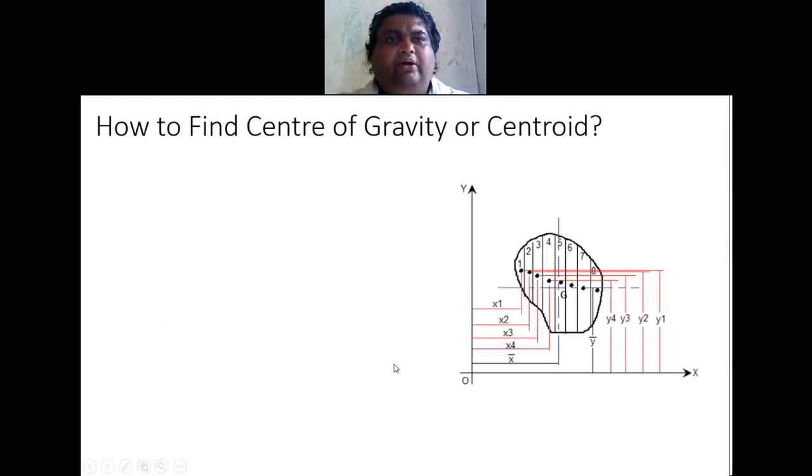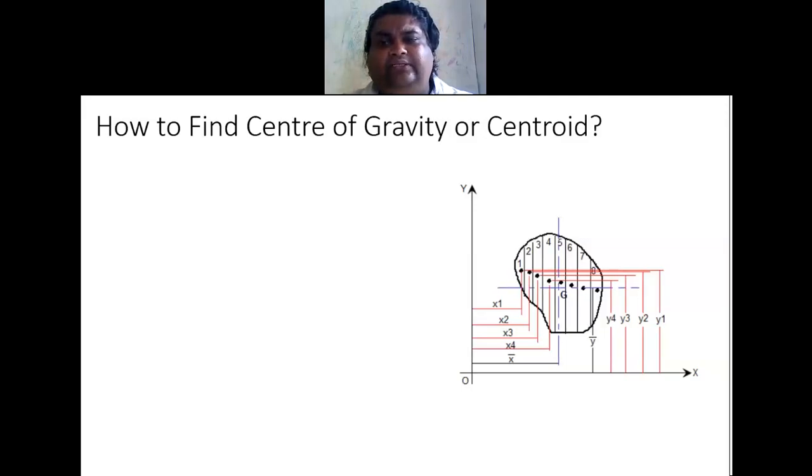Now I think you have studied these things already in mechanics. We'll quickly revise how to find the center of gravity and how to find the moment of inertia for an area, right? Now this is a diagram where I have considered an arbitrary area, for which I have to find the center of gravity, because without finding the center of gravity, you cannot find the moment of inertia.